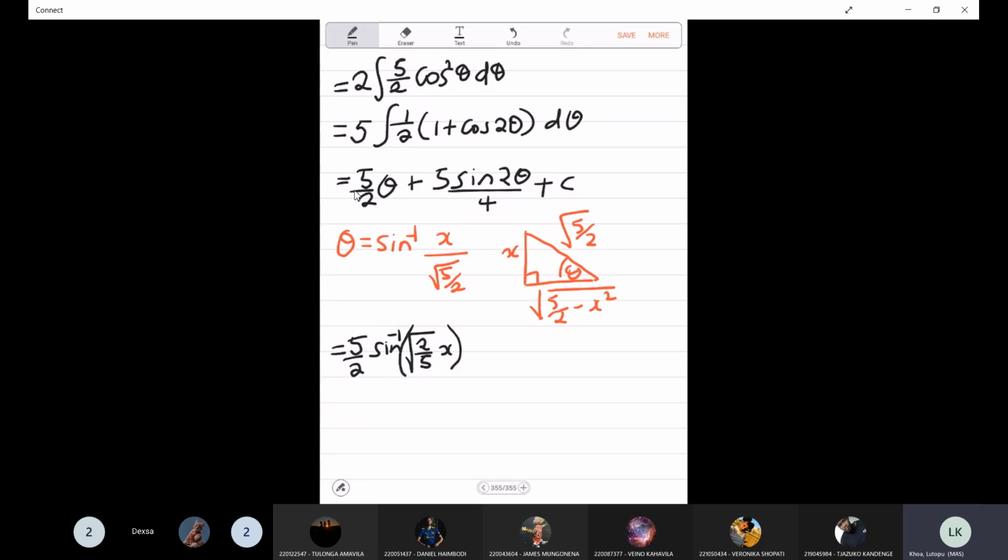And then 5 over 4 sine 2 theta, which is 2 times sine theta, which is x divided by the square root of 5 over 2, which is square root of 2 over 5 x.